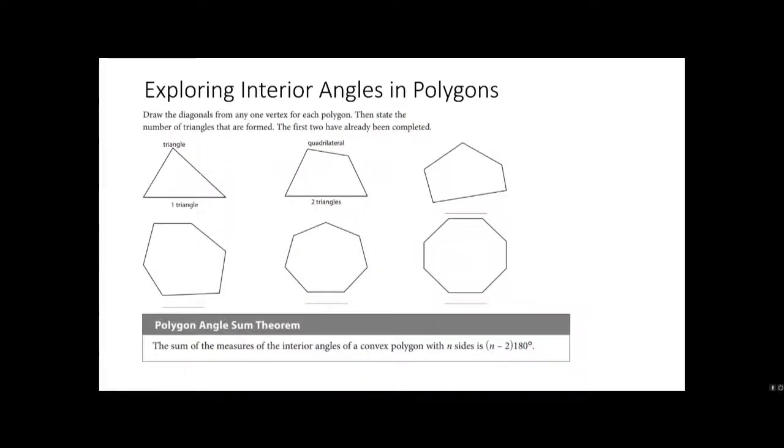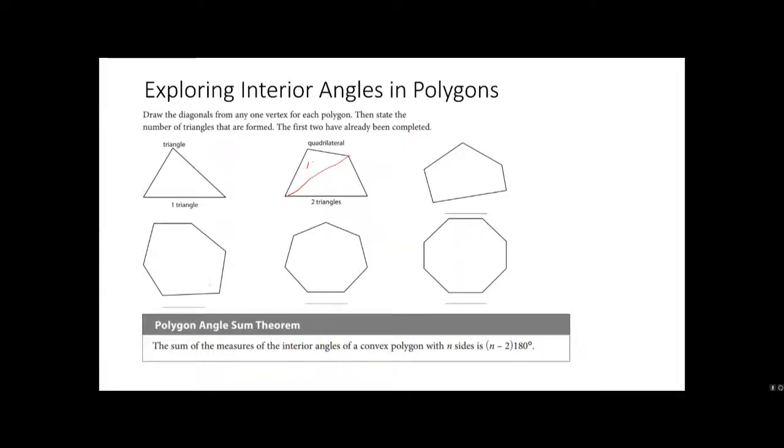All right, exploring interior angles. So polygons, we're basically using triangles. A polygon like a quadrilateral, if you look at this picture, technically has two triangles. And that means you have how many degrees? Well, we already know a triangle has 180 degrees.